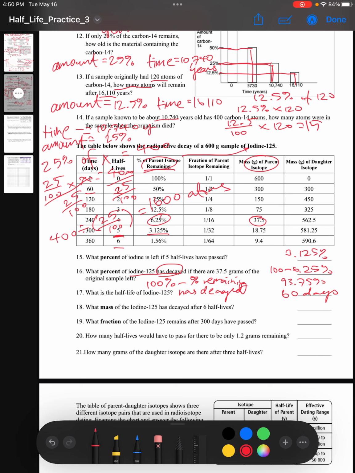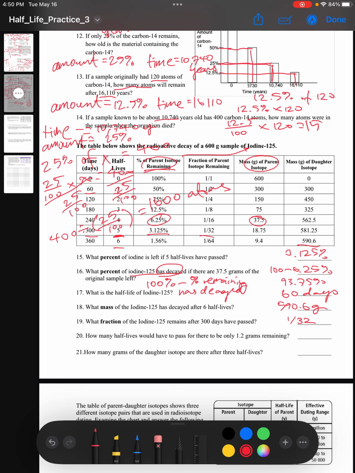After 6 half-lives, 590.6 grams has decayed. What fraction of the iodine 125 remains after 300 days have passed? After 300 days have passed, the fraction remaining is 1/32.